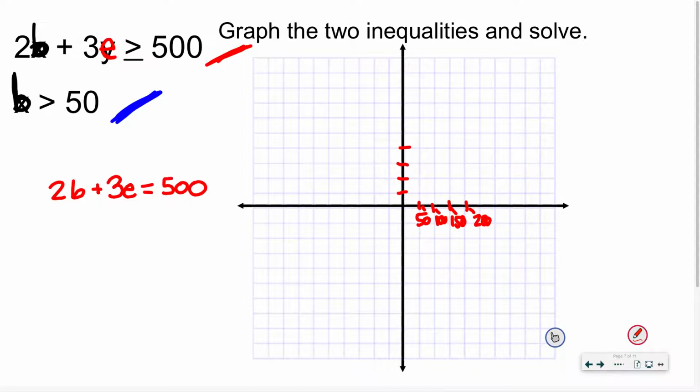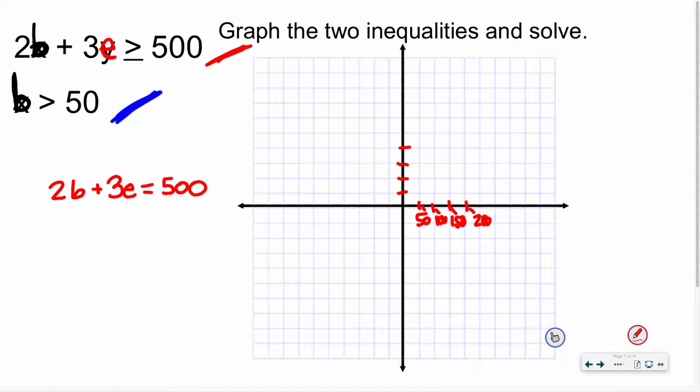Do we have another option? If we don't want to go through the struggle of putting this into slope-intercept form, what could we do? That would be quick, straight to the point, and efficient, to graph that line. What would you substitute?